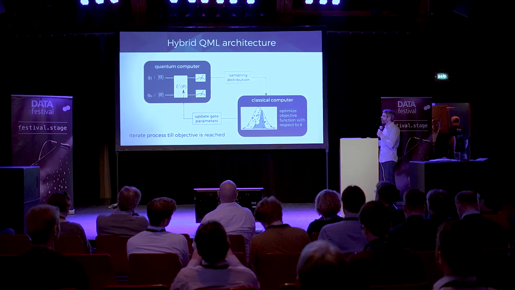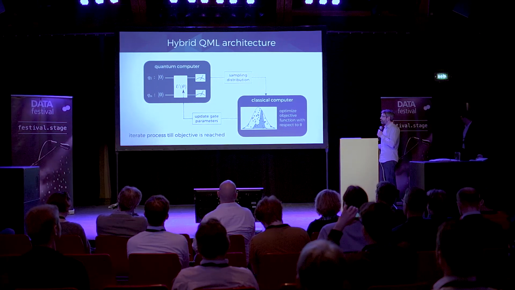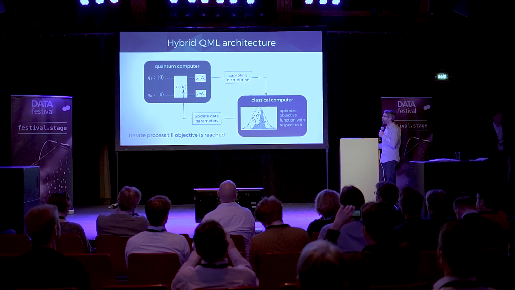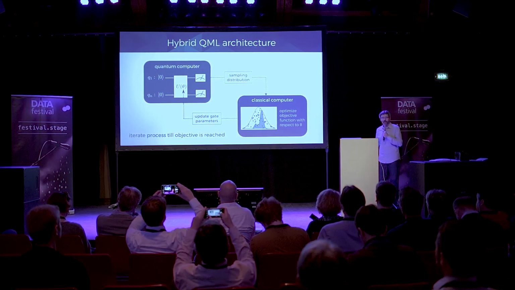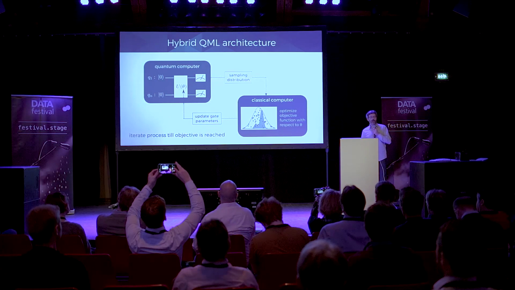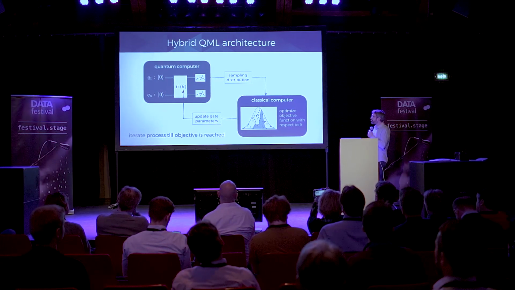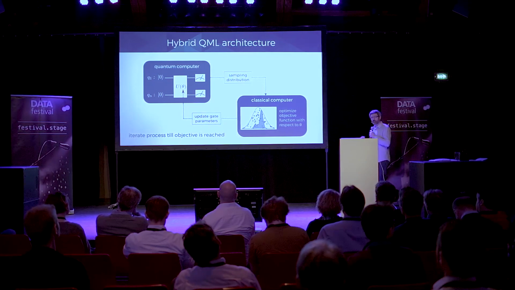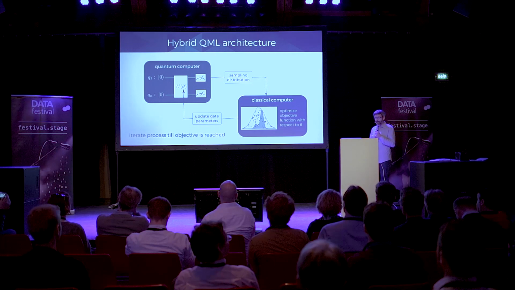And what you do is you run this updating cycle many times to train the network. You sample from the quantum computer, put it in your classical computer, optimize the parameter set with respect to some objective function, and put the updated parameters back into your device. And you do that until your objective is reached and optimized.